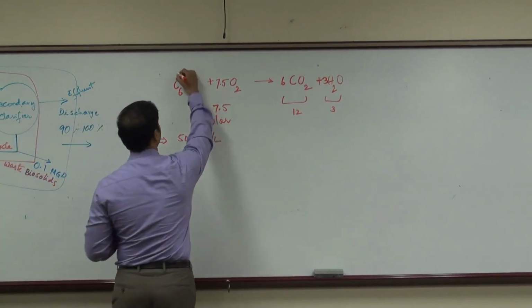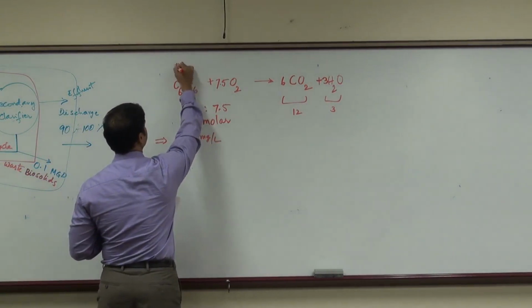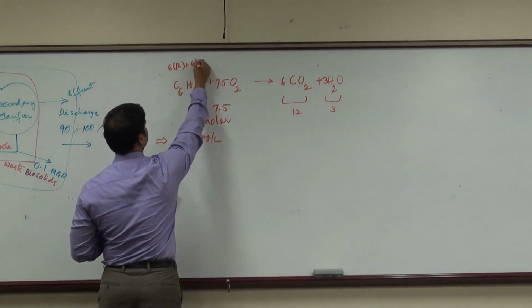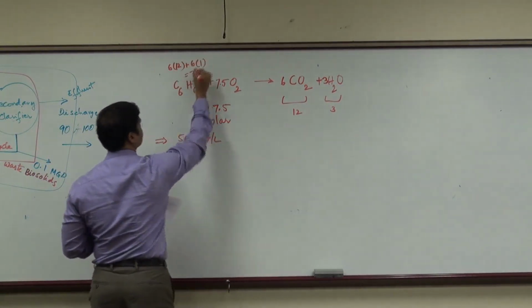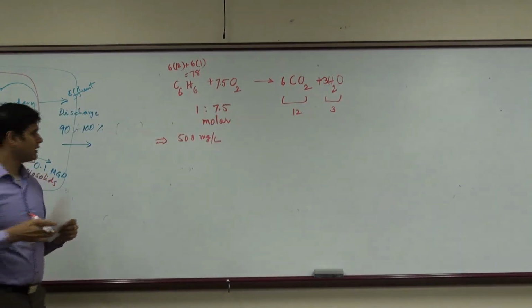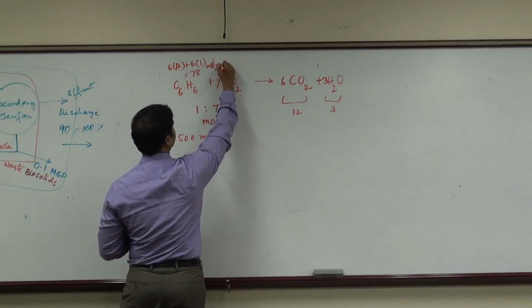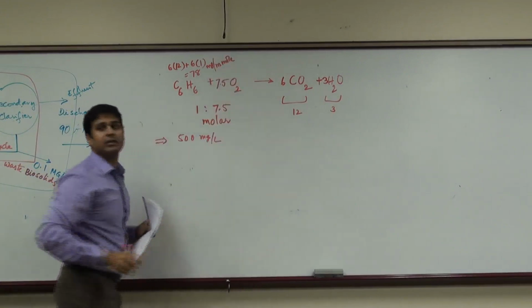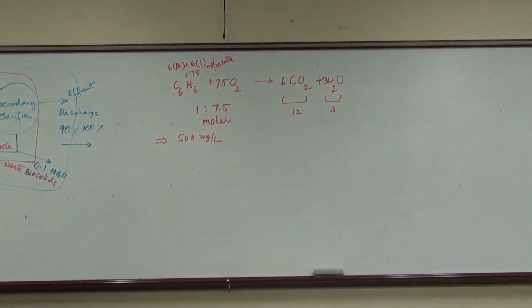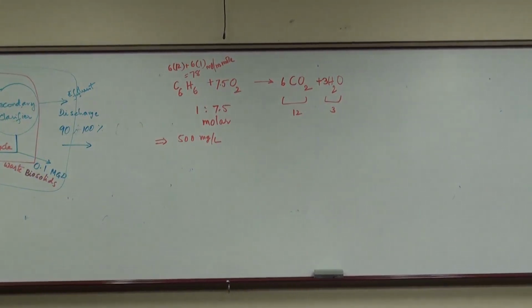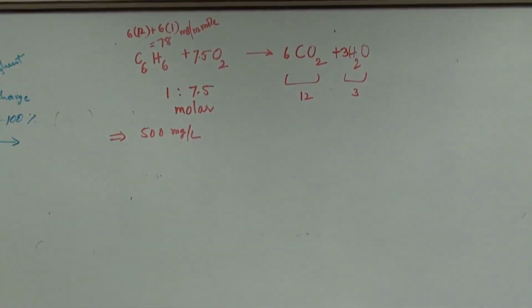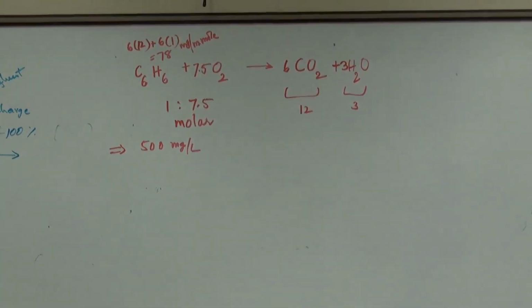For benzene, the molecular weight would be 12 times 6 plus 6 times 1, that would be 78. Right? So you're given milligrams, therefore the units would be milligrams per millimole. Is that right? Wouldn't it be better to convert the 7.5 moles to milligrams per liter, since our final answer is in milligrams per liter?